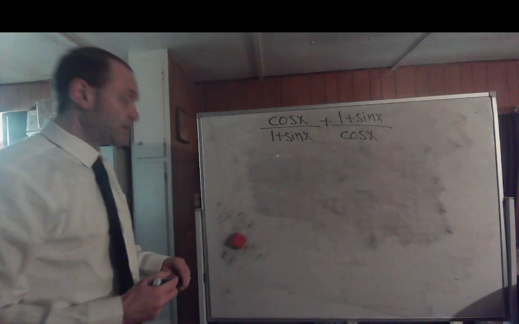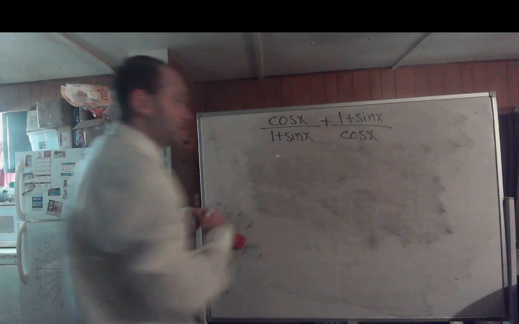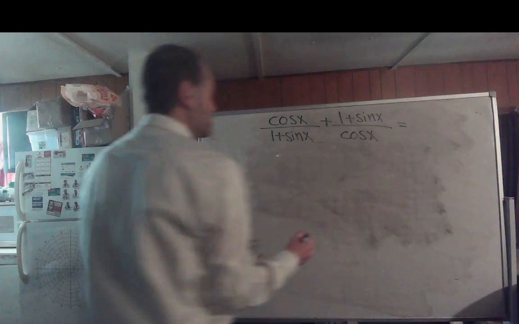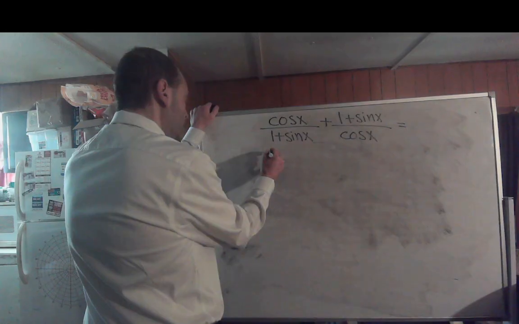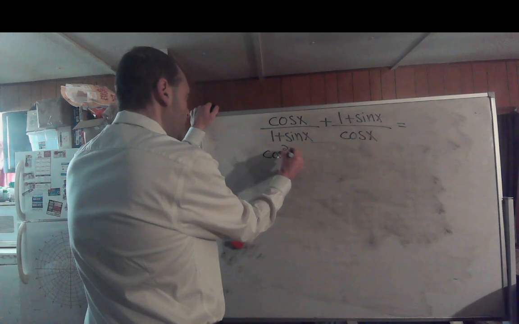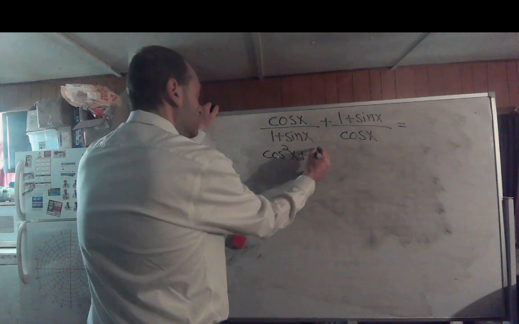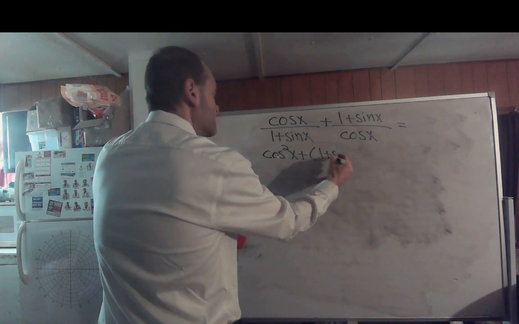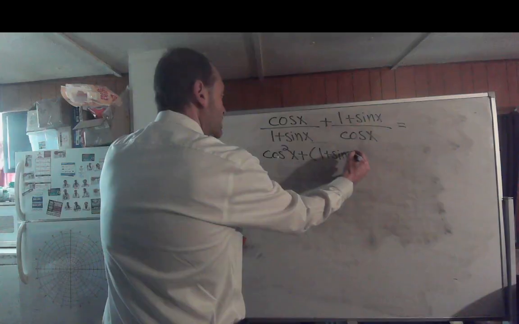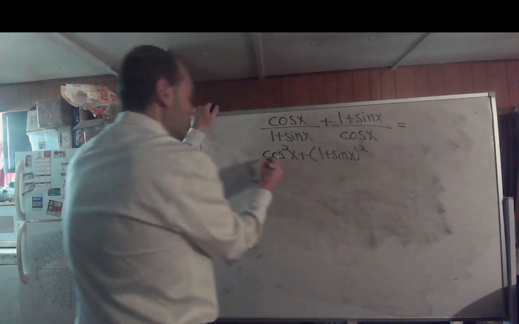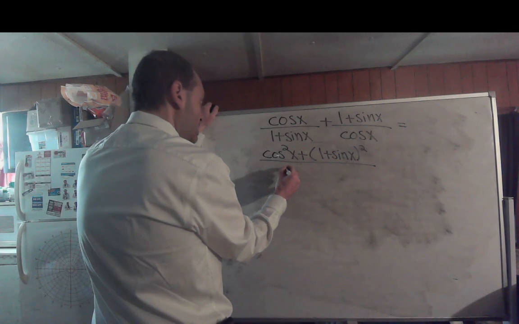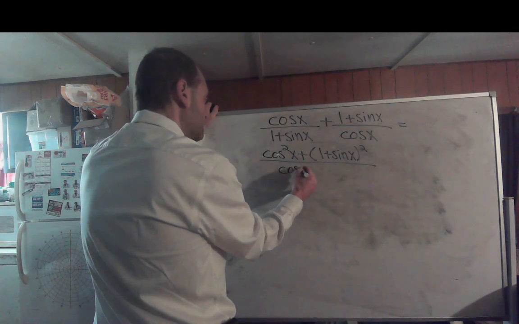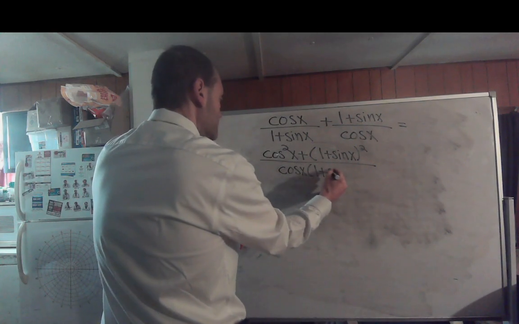So we definitely want to get the same common denominator. So this is going to end up then being the cosine squared of x plus the quantity of 1 plus sine of x to the second power all over the cosine of x times 1 plus the sine of x.